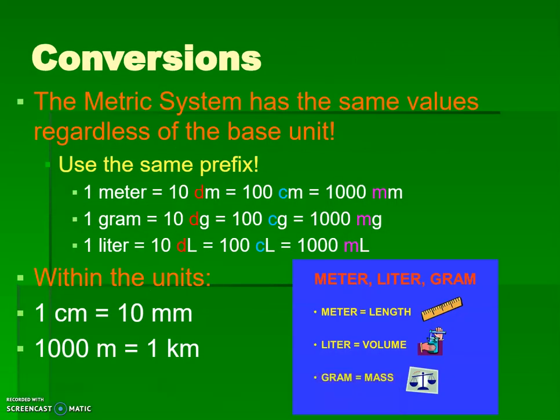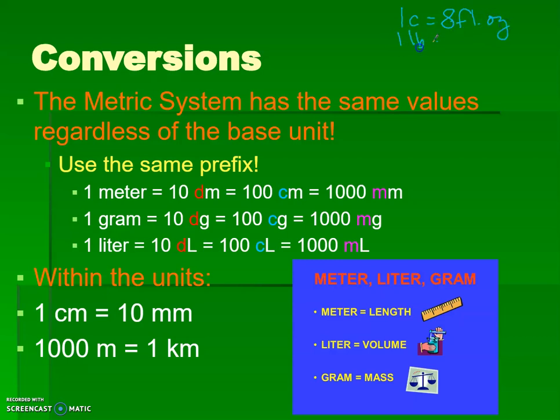All right, to convert your metric prefixes, and the beauty of the metric system is basically right here, because in our American system, okay, we have 1 cup, which by volume is 8 fluid ounces.